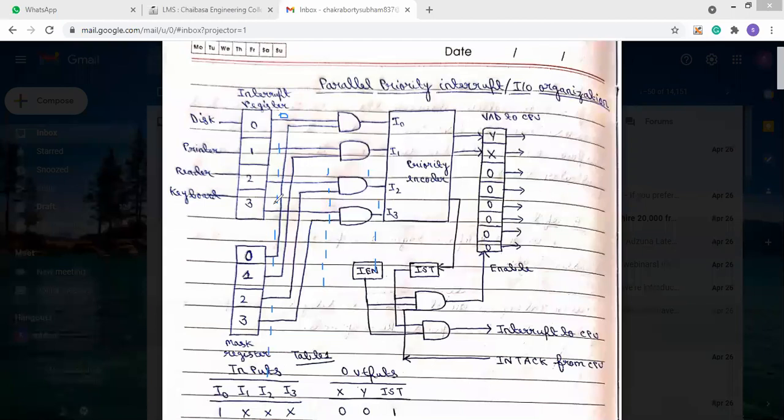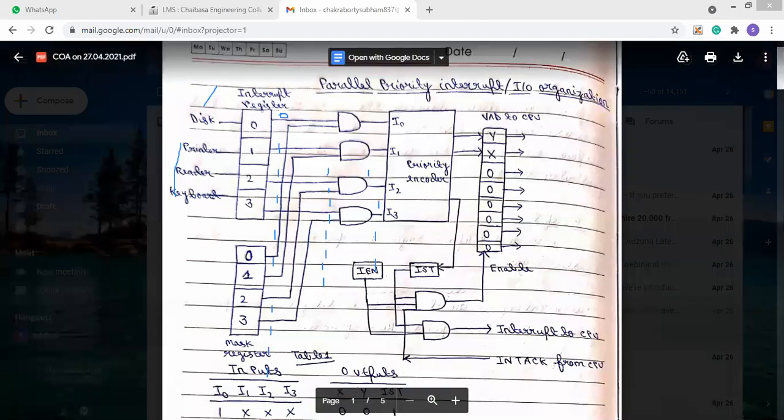Now only these 3 input output devices generate interrupt. Disk will not generate interrupt. Then among printer, reader, keyboard, only printer has the highest priority. So in our case, we will consider printer's output. But for the other input devices, whether they generate interrupt or not, we will not consider that. So in the other 2 cases, there will be don't care condition.